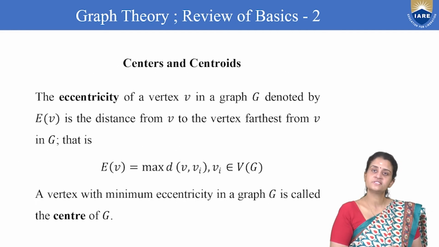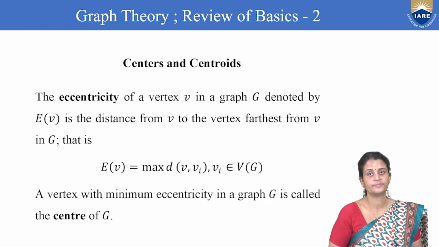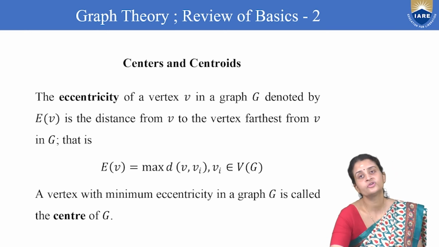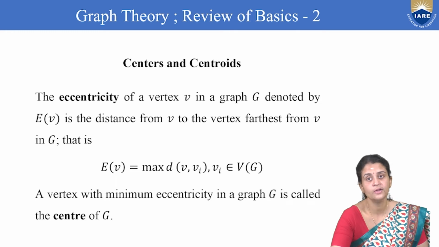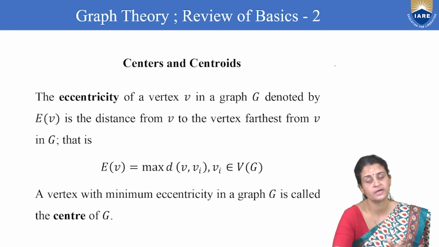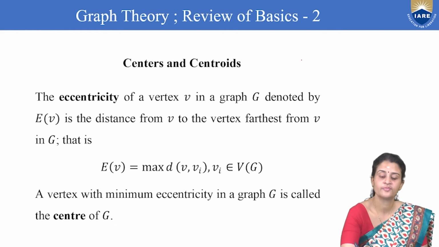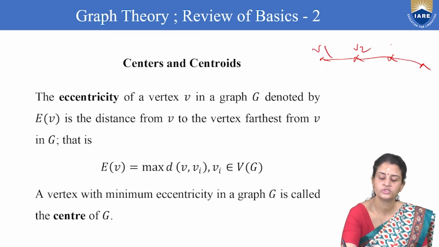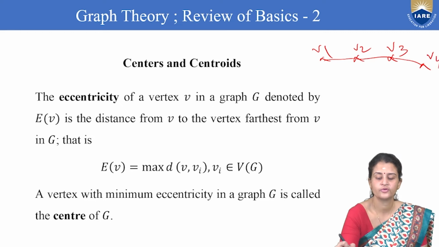Now we will see what is the center and centroid of a tree. Before knowing the center and centroid, we should know the distance between 2 vertices. The distance between 2 vertices is the number of edges occurring in the path between them. For example, take V1, V2, V3, V4.